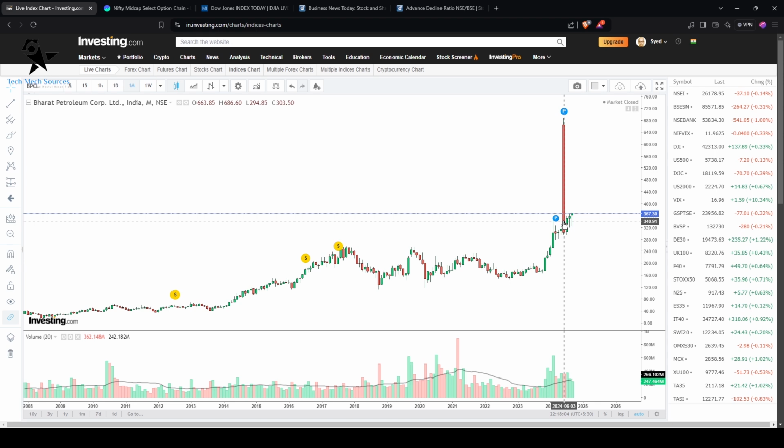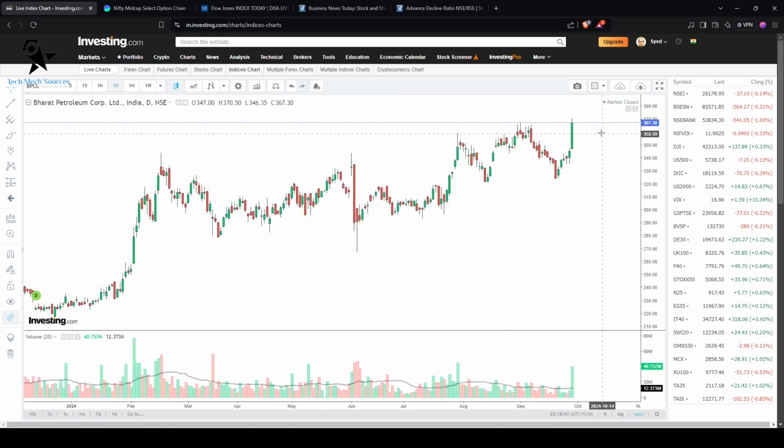The monthly chart: you can see on 3rd of June 2024, the stock went up to 690. So this acts as a resistance, which is very, very far. This was probably an event when the market had a bearish engulfing and it crossed so much, but normally it is not crossing this much.